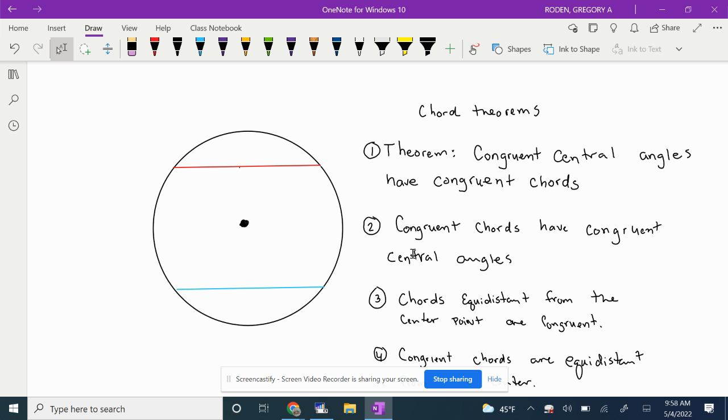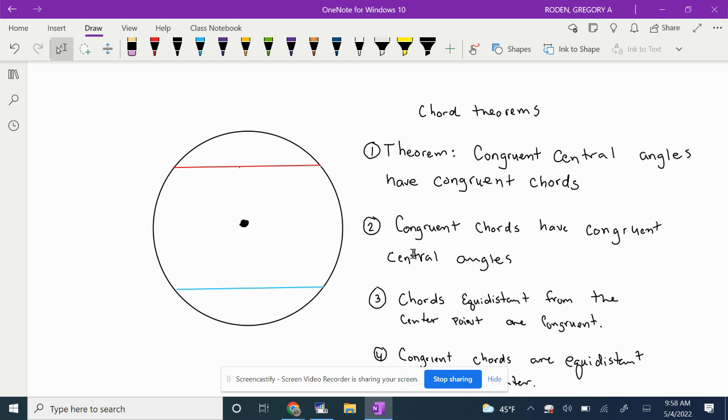You're going to be doing a lot of writing today, and you're going to need these theorems on your test. We have some extra chord theorems that I want to go over with you guys. You will not have any Delta Math on this, I don't believe. So you're going to be responsible for this, so you got to pay attention. We'll do some examples here.